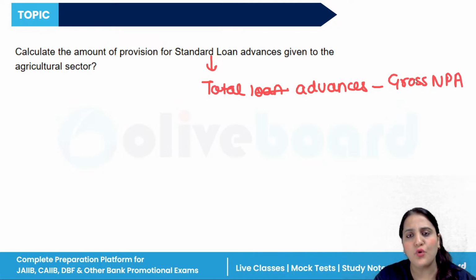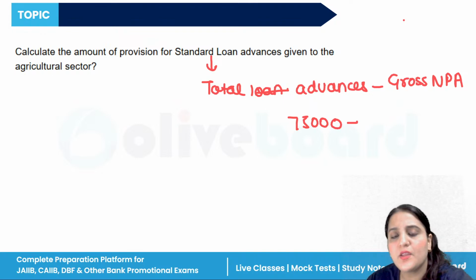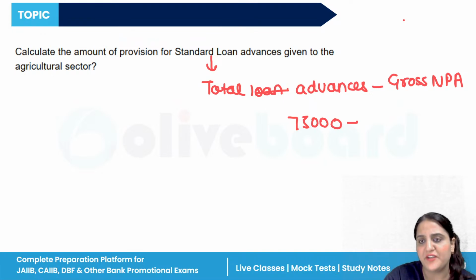Total advances are 75,000, and we already calculated the gross NPA, which is about 10,500.